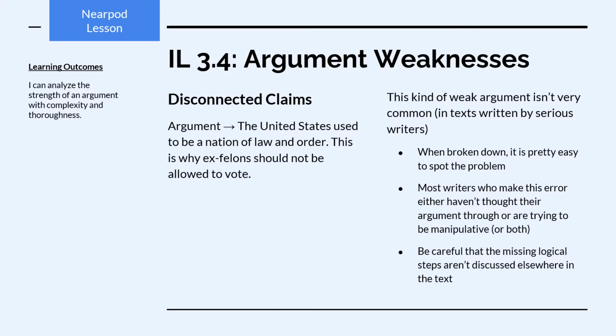And that's because when broken down, the problem is pretty easy to spot. Most writers who make this error either haven't thought their argument through critically enough, or they're trying to be manipulative, or both. Also, when you identify this kind of weakness, be careful that the missing logical steps aren't actually discussed elsewhere in the text, because if that's the case, then maybe the argument isn't as weak as it would appear to be.